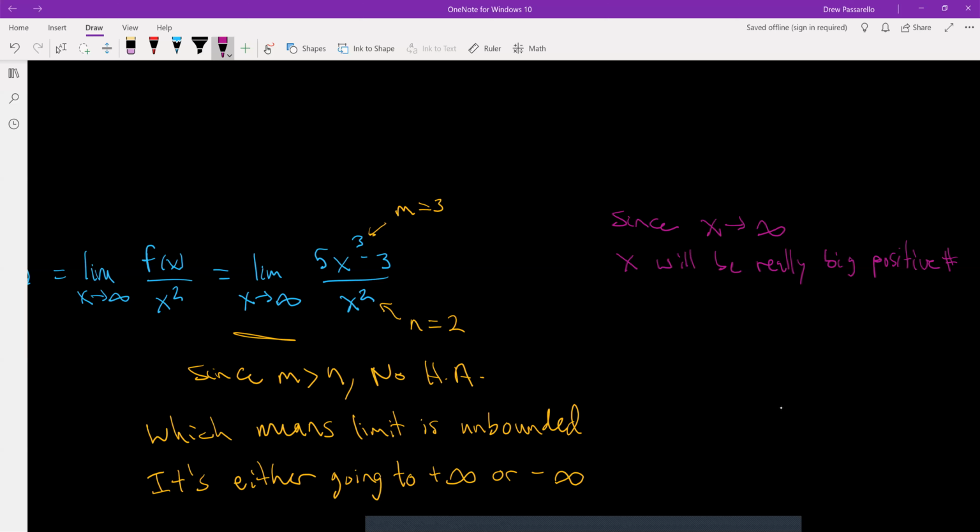So for the numerator, 5x cubed minus 3, you're taking a really big positive number, cubing it, timesing it by 5, and then subtracting 3 doesn't matter, because of the dominant term being 5x cubed. So this is going to be a really big positive number.